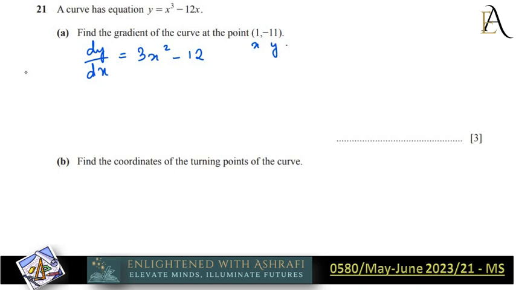So let's put those values. We get 3 times 1 squared minus 12, which is 9 minus 12... 3 minus 12, that is minus 9.